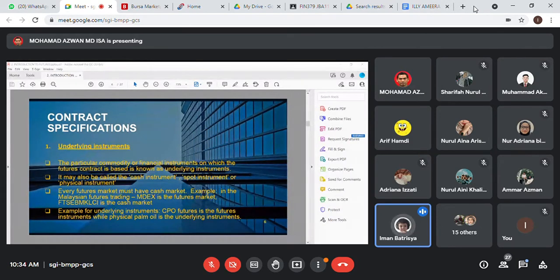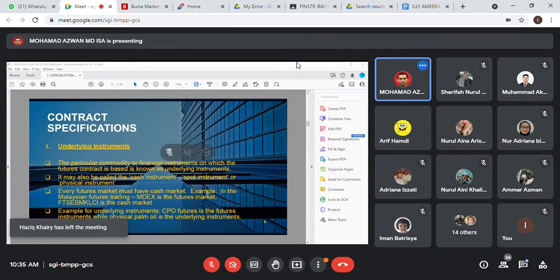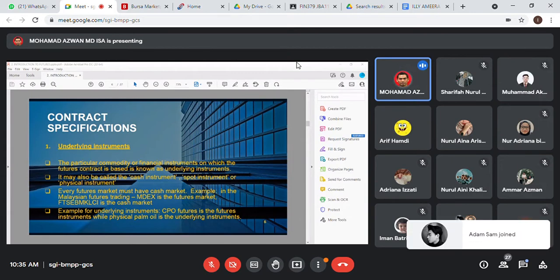FMG3 is Malaysia Government Securities with a 3-year maturity. Okay, thank you. That is for government bond. MGS is the underlying instrument. Okay, FMG3 is the futures instrument.